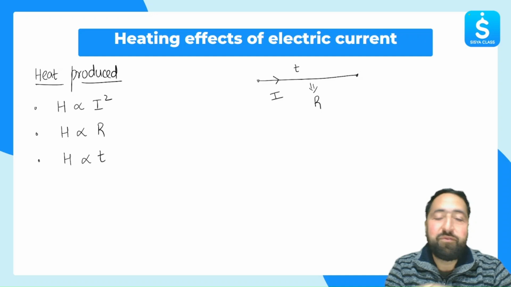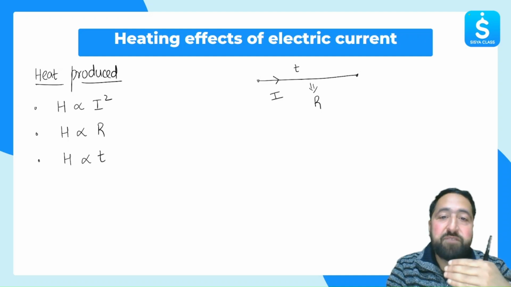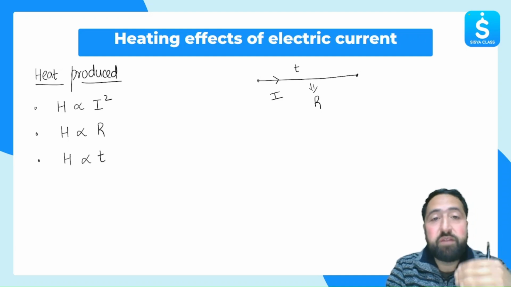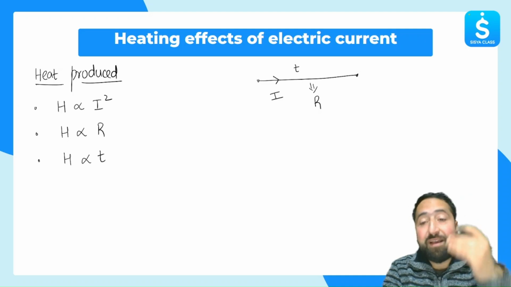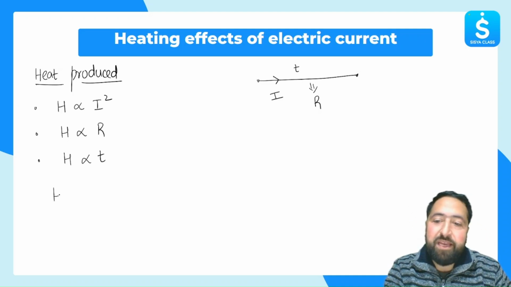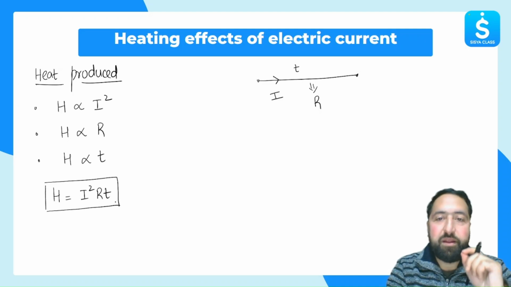For a higher time, let's suppose the current is flowing for 30 minutes, the heat produced will be a lot. So if we combine these three, we get H equals I square R T.